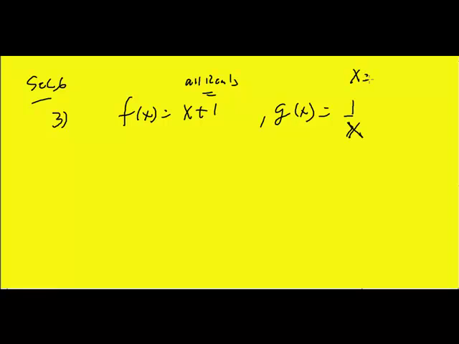X cannot equal what number? 0. I have to keep that in mind. I will tell you where you have to keep that in mind. If I find f of g of x, the restriction of the inside function has to go with the composite function. If it didn't exist in the g of x here, it won't exist in the composite function either.